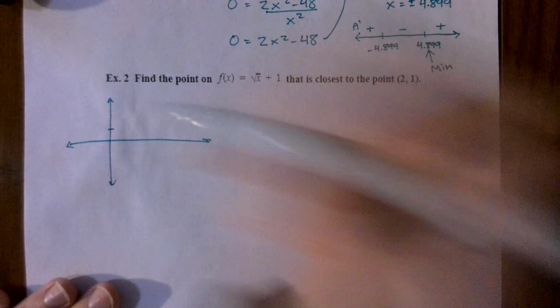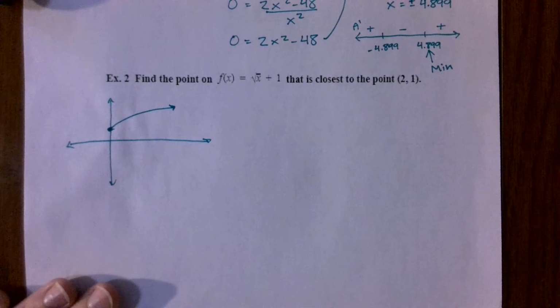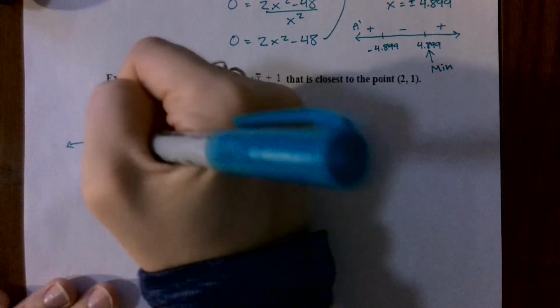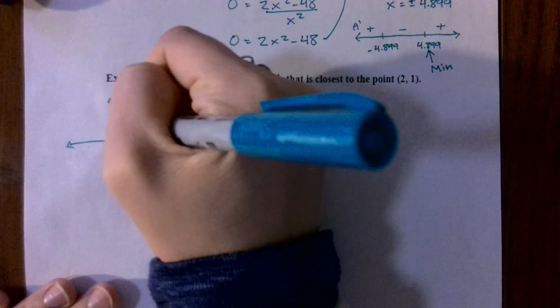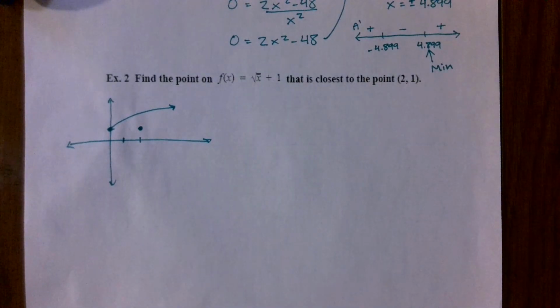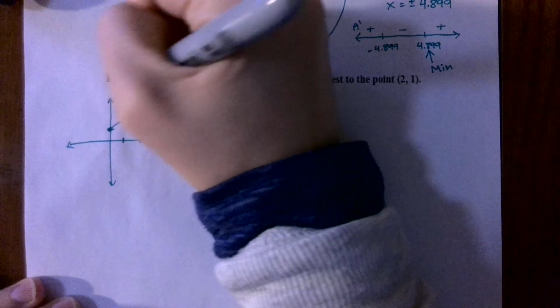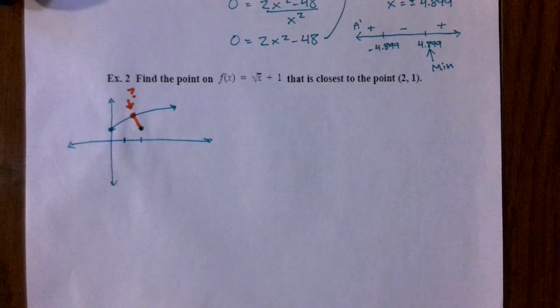We're talking about the graph, the square root of x plus 1, so it's been shifted up 1. There's the square root of x plus 1, and then the point 2, 1. Maybe something like that.